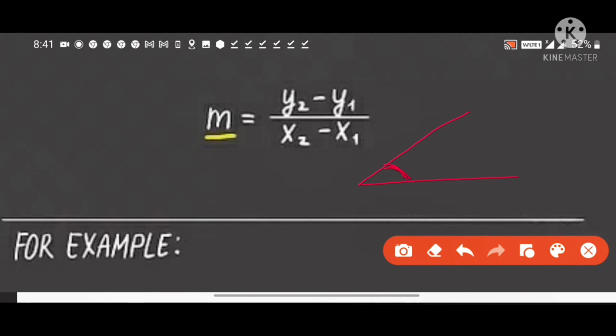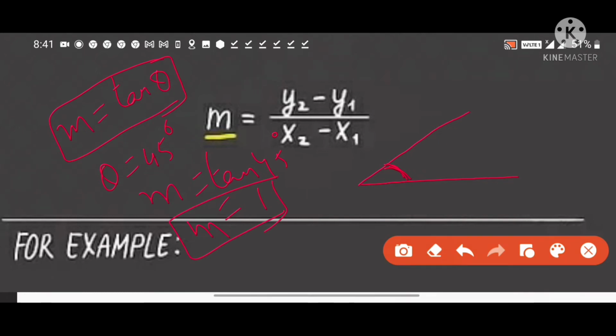Slope is denoted by m, which is equal to the tangent of the angle, that is, m is equal to tan theta. If the angle is given, then slope is equal to tan theta. For example, if theta is equal to 45 degrees, then slope is equal to tan 45 degrees, that is 1. So m is equal to 1.